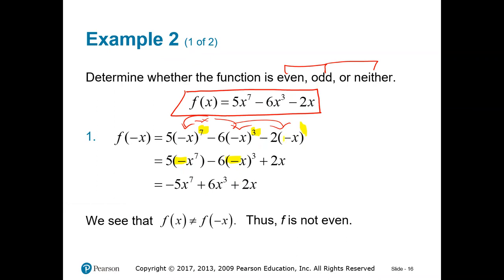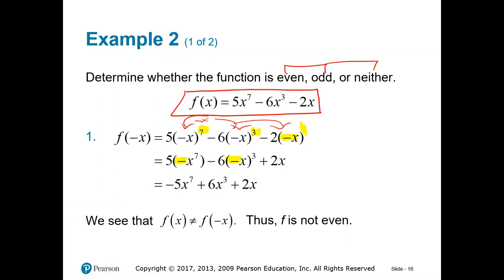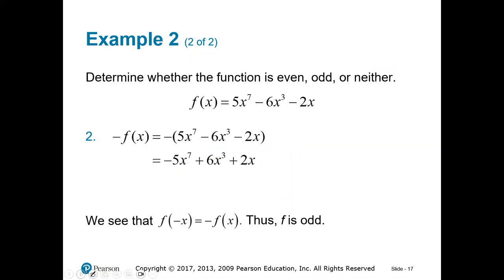However, the power of 1 here, still going to have that negative. So we need to distribute that negative out. When we do that, what do we get? We get negative 5x to the 7 plus, because negative times negative is positive, 6x cubed plus, negative times negative is positive again. So it's not even, if you notice, because it did not give me back what I started with. So it's definitely not even.